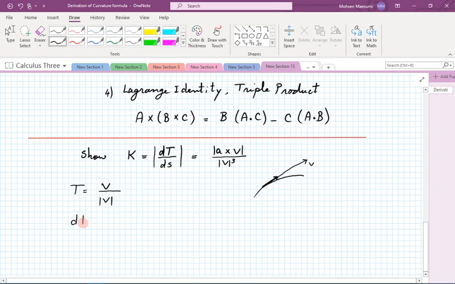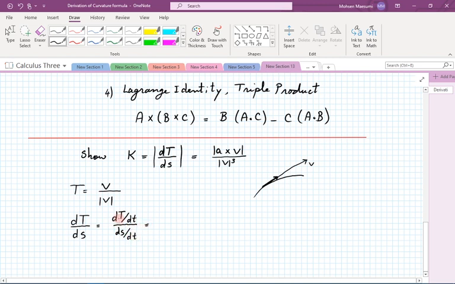So first of all, let's write dT/ds, the item from which you have to take an absolute value. First we are going to change our differentiation variable to time. So I'm going to take this thing that's the same as dT over d time over ds over d time.